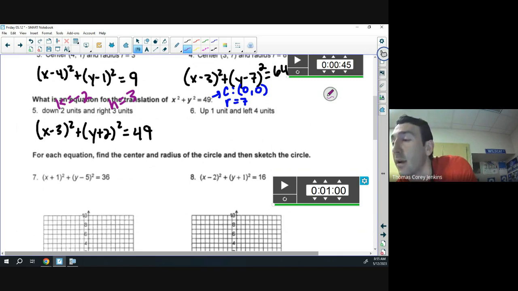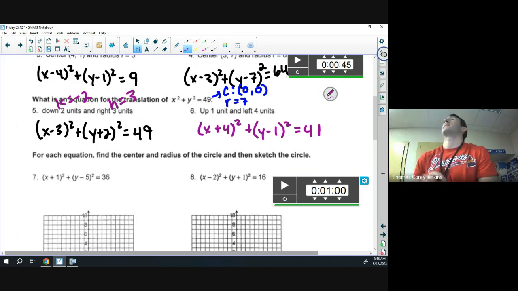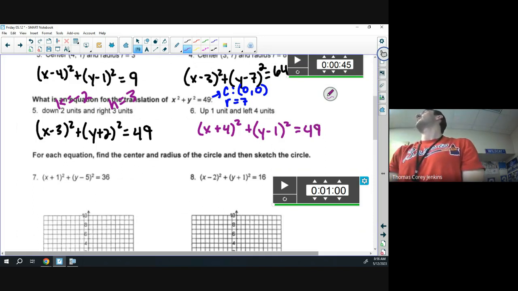All right, we were looking for on this one x plus 4 squared plus y minus 1 squared equals 49. Anybody have any questions or anything?